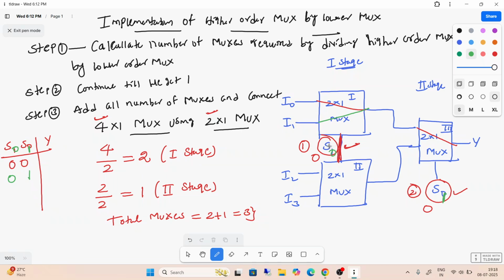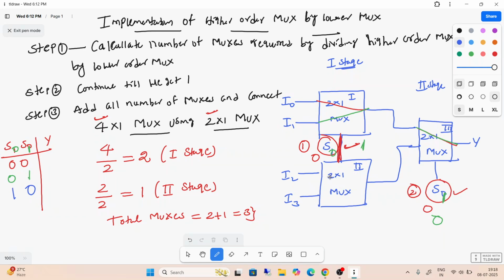S0 is 0 and S1 is 0 means this is connected. When S0 is 1, take S0 and S1. And suppose it is 1 0, which input is connected?